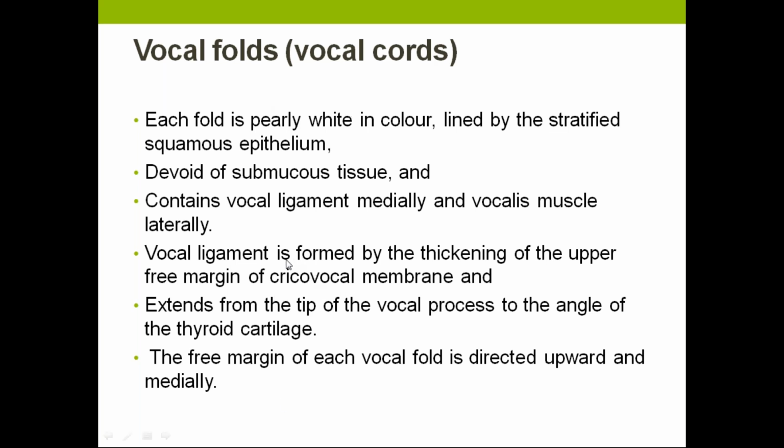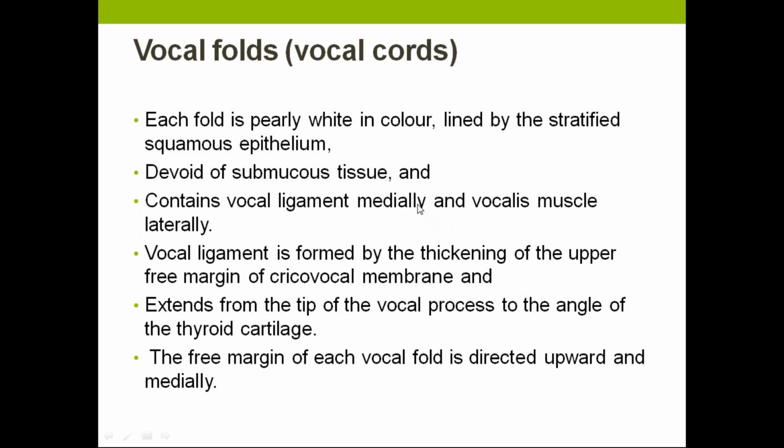The vocal ligament is formed by the thickening of the upper free margin of the cricovocal membrane, another name for which is the conus elasticus. This vocal fold extends from the tip of the vocal process to the angle of the thyroid cartilage. With this picture, I think you are clear about the vocal fold. Vocal fold is different, Rima glottidis is different. If the vocal fold is asked, you have to write about this only, don't write about Rima glottidis.